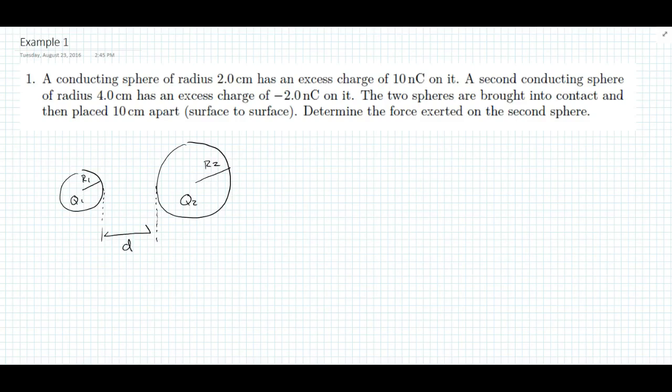So I'm going to use these symbols for the calculation, but keep in mind that Q1 in this case is the 10 nanocoulombs for the first sphere. R1 is the 2 centimeters for the first sphere.